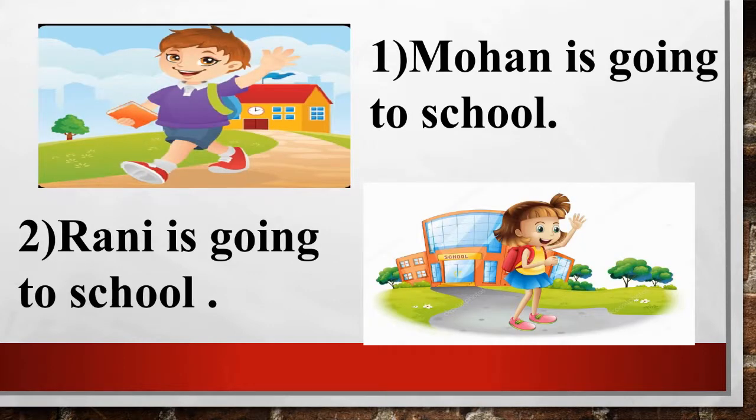Now we'll have one more example for you. First sentence is Mohan is going to school. Second sentence is Rani is going to school. Here we use the word and to join sentences.